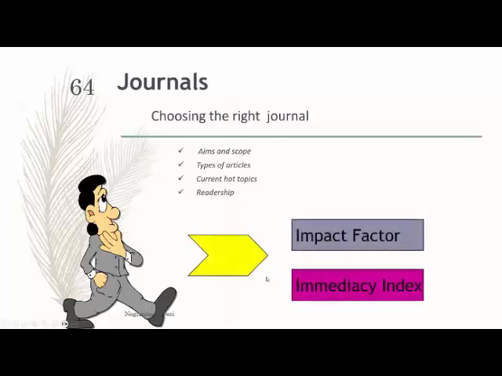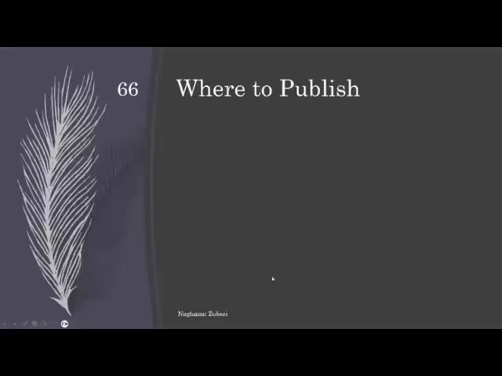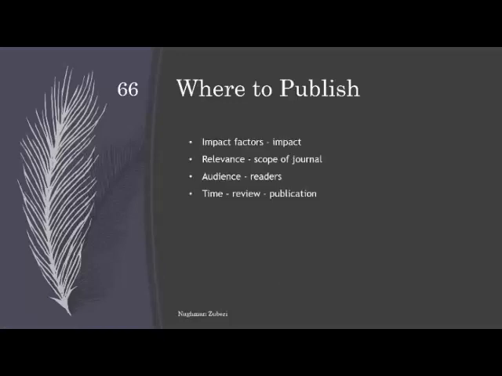There are two things we need to keep in mind while selecting the journal: the impact factor and the immediacy index. These are the two very important things. Different types of journals are there, like the generalized, specialized, low impact and high impact journals. So the question arises, where to get published?